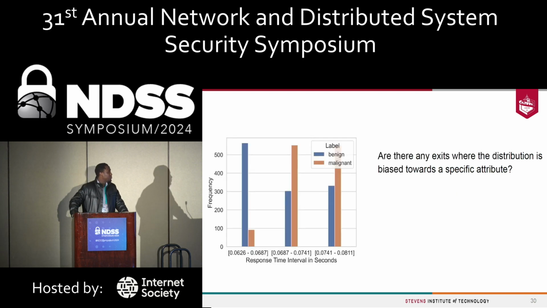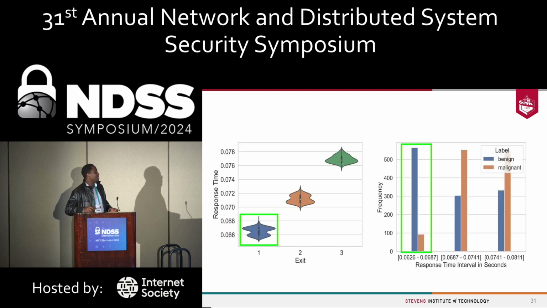The second question is whether there exists any correlation between a particular class label or attribute of the input and any of the exits. We can clearly see from the image on your left that there exists a strong correlation between the benign class label and the timing interval that corresponds to taking exit 1.